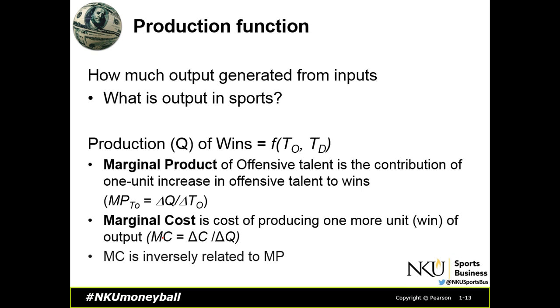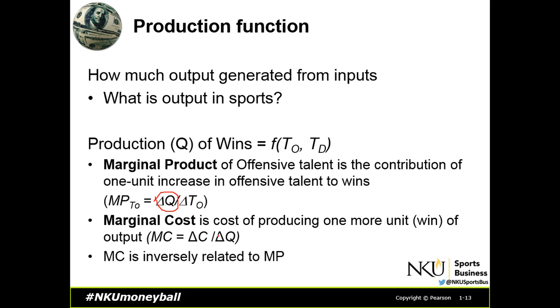So when we look at these two equations, we can ask ourselves, what's the relationship here between marginal product and marginal cost? And you'll notice that in the numerator of our marginal product equation is the change in quantity of wins.